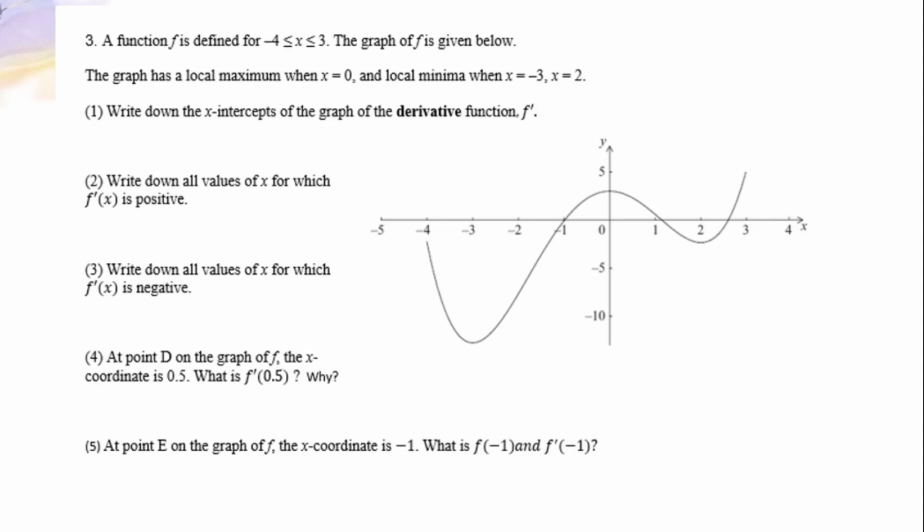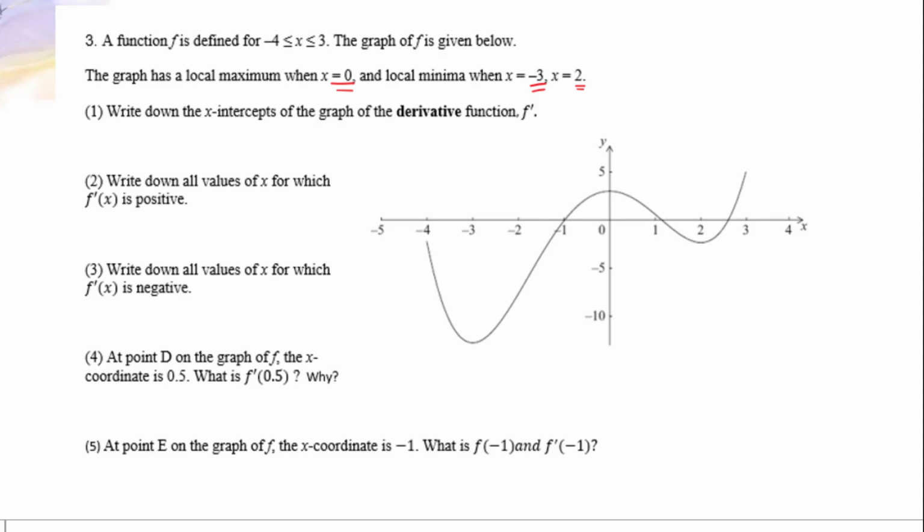Let's go to question 3. A function f is defined for x greater than or equal to -4, less than or equal to 3. The graph of f is given below. The graph has a local maximum when x equals 0 and a local minimum when x equals -3 and x equals 2.